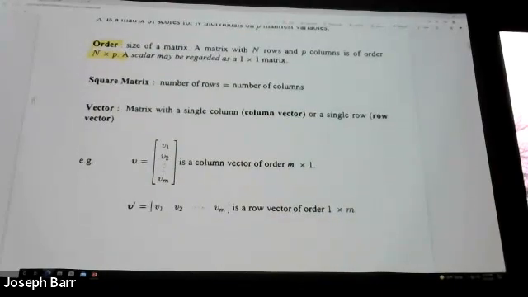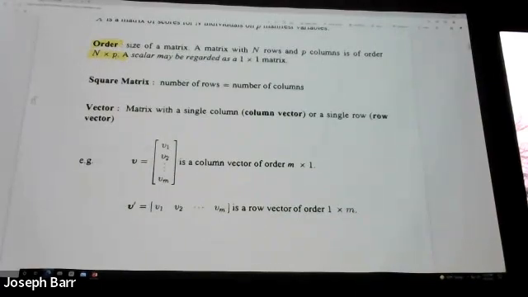Next, order. We have the size of a matrix. Suppose we have n rows and p columns, then we call it the order or size: A is n by p. N is the number of rows, p is the number of columns.